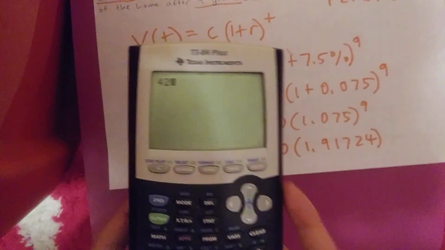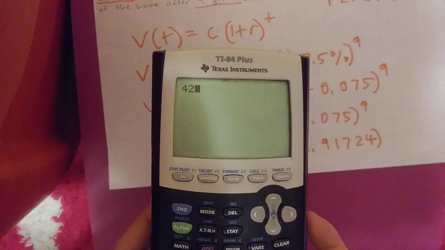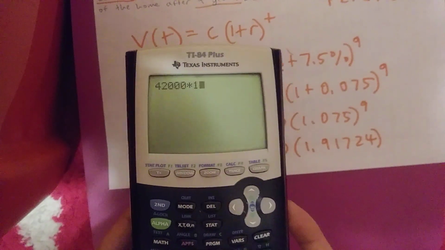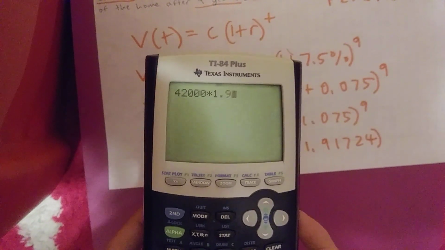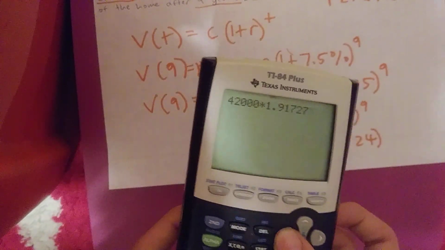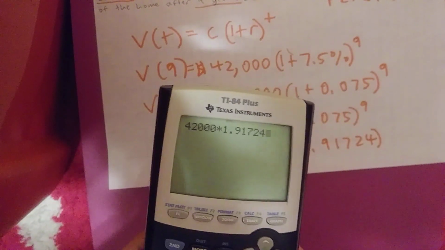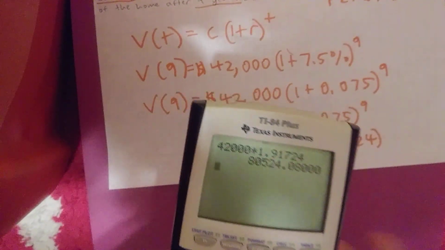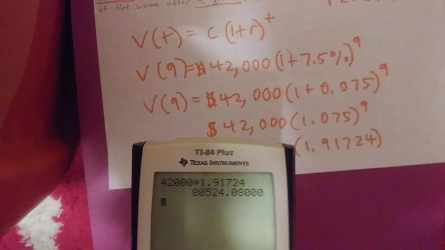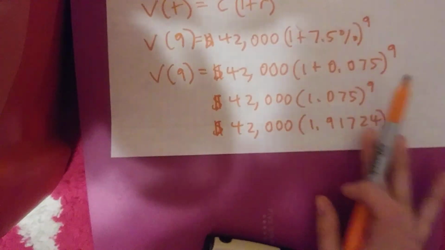So 42,000 times 1.91724. Alright, so you type that, and then you get this really crazy number, but just write it out.